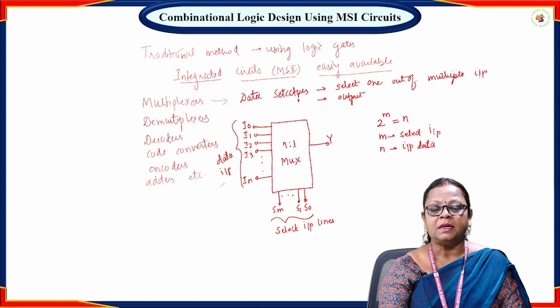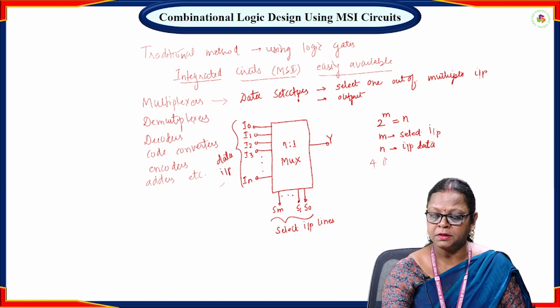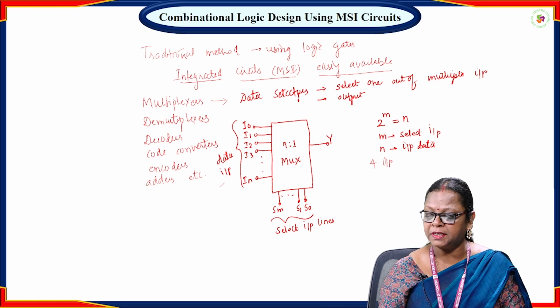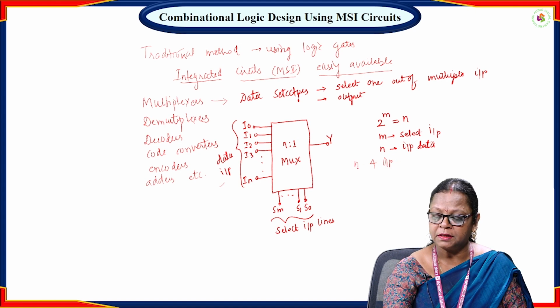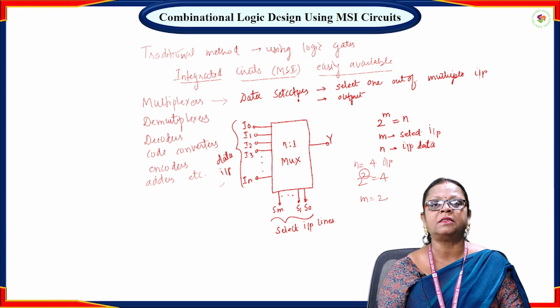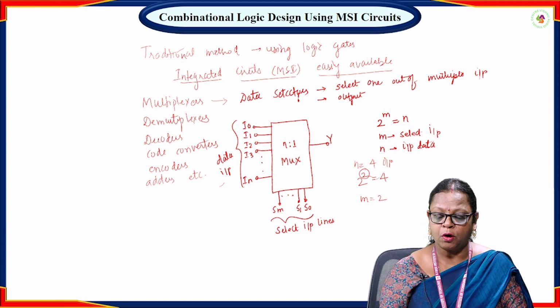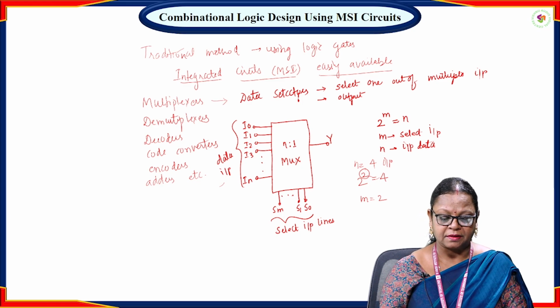For example, suppose I have 4 inputs, then how many select input lines are needed? With n equal to 4, 2 power 2 is equal to 4, which means m equals 2. So you need 2 select input lines for the design of this 4 input to 1 output multiplexer.